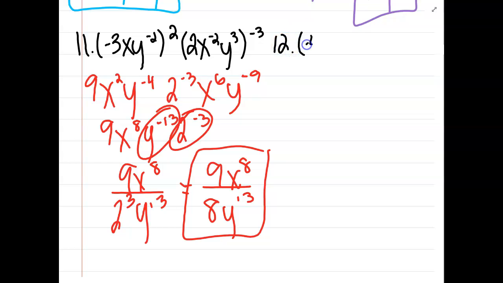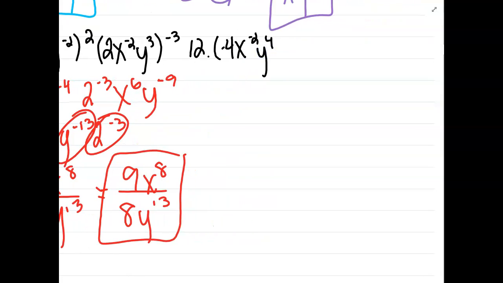Alright, in parentheses, negative 4x to the negative 2nd, y to the 4th, all to the negative 2nd power, and then in parentheses, negative 3x cubed, y to the 5th, all squared. Okay, first thing, to get rid of those parentheses, in that first set of parentheses, everything needs raised to the negative 2nd power.